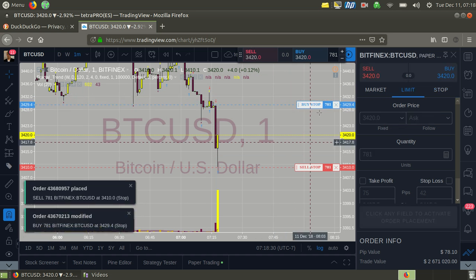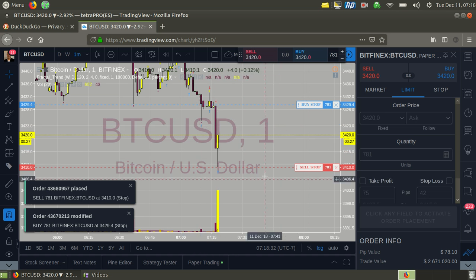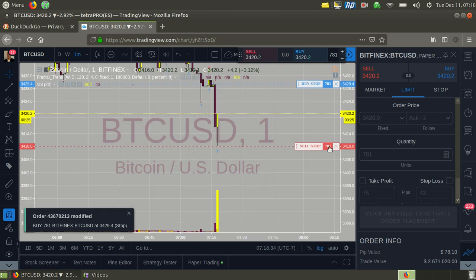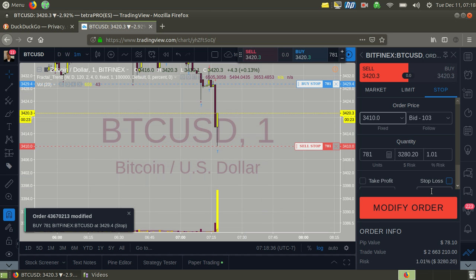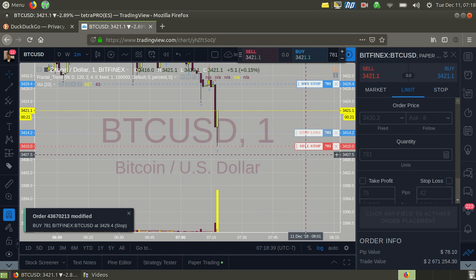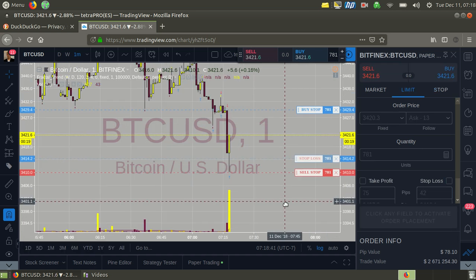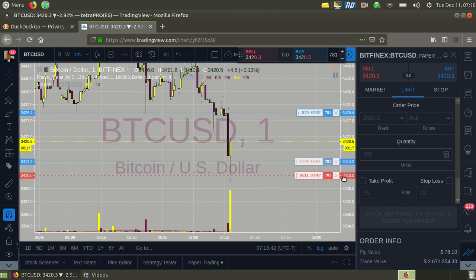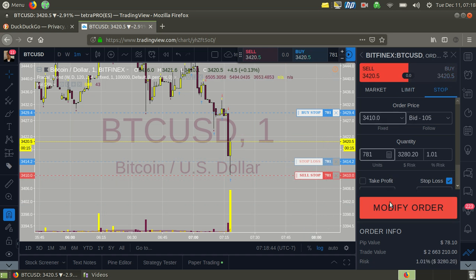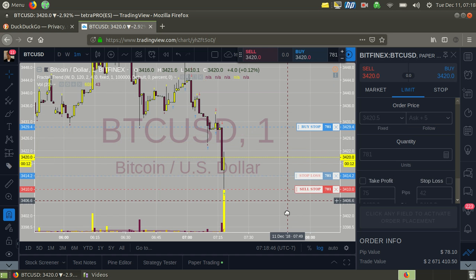Now we have a wide range. So the market is very volatile. I'm not sure which price it's going to go. I want to put a stop on this one to limit my risk exposure because of this volatility. That leaves 1% on the table, right? So yeah, so trading 781.